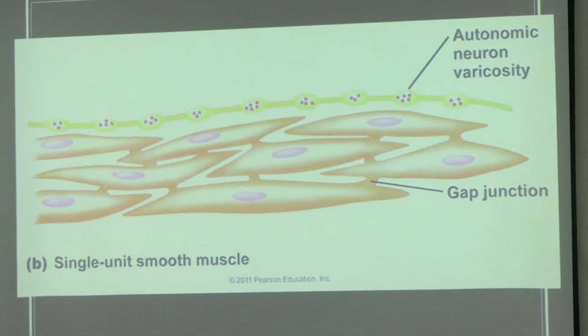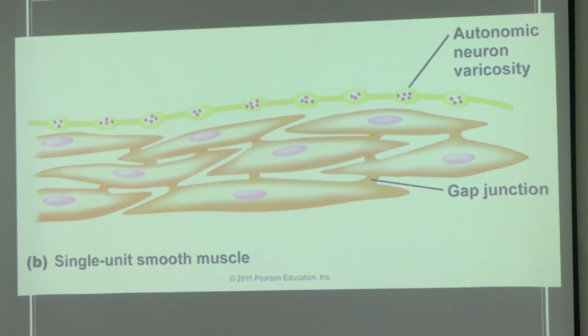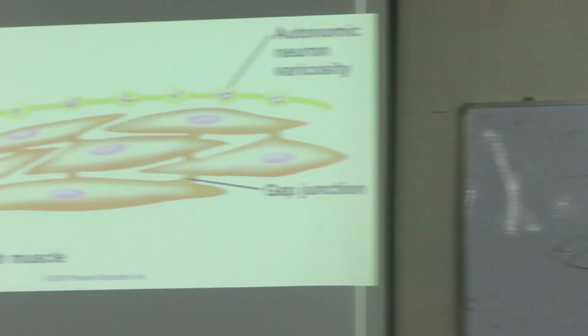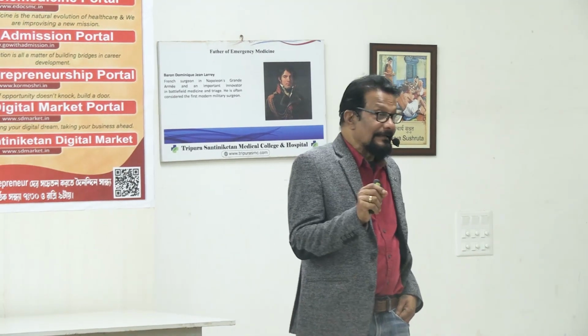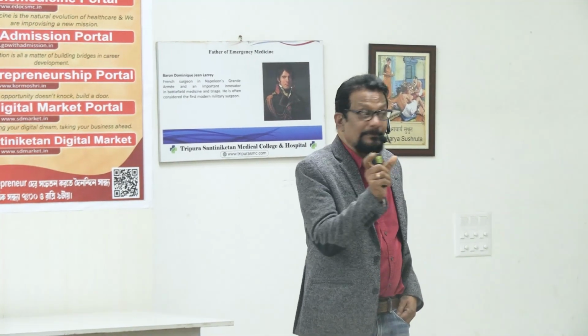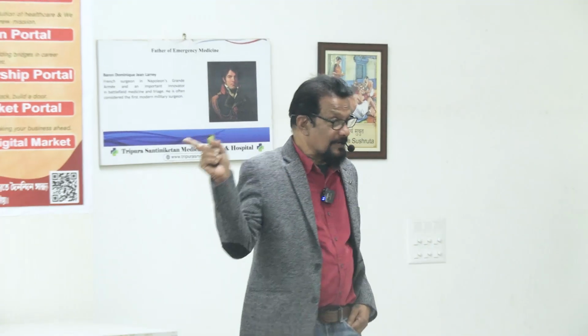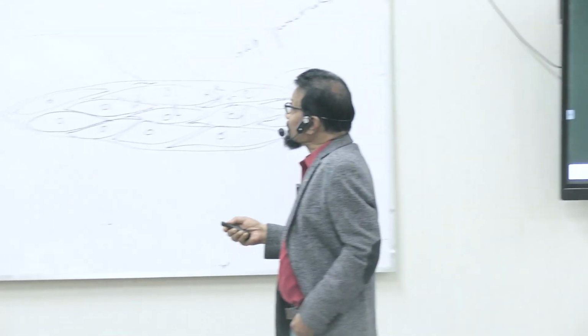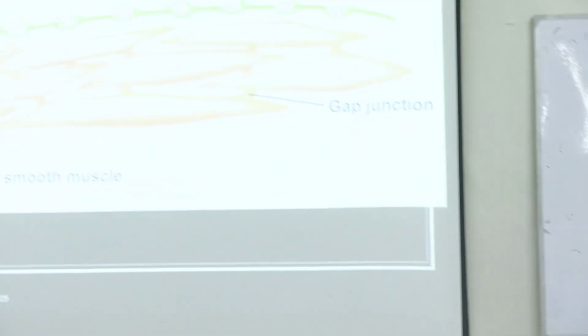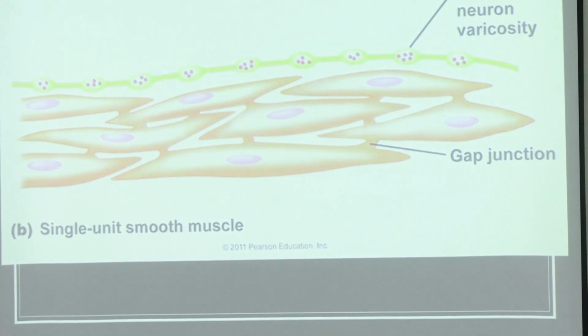They are forming a structure like a synaptic knob. We have studied axon terminals and knob-like structures. Here, the nerve also produces some knob-like structures. These are called varicosities, swellings.